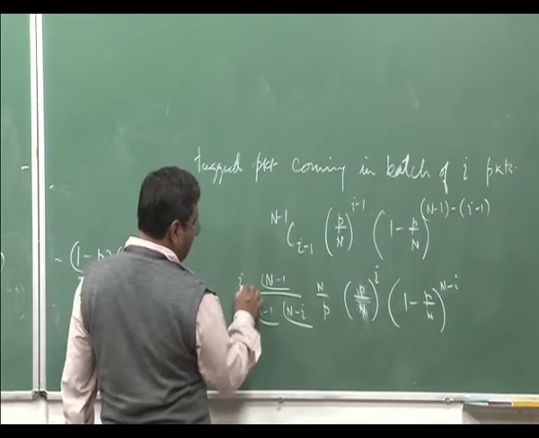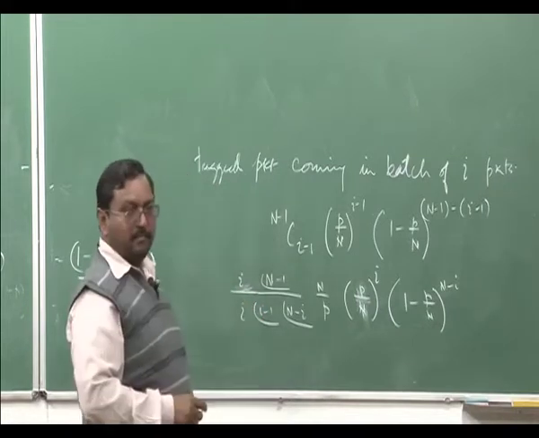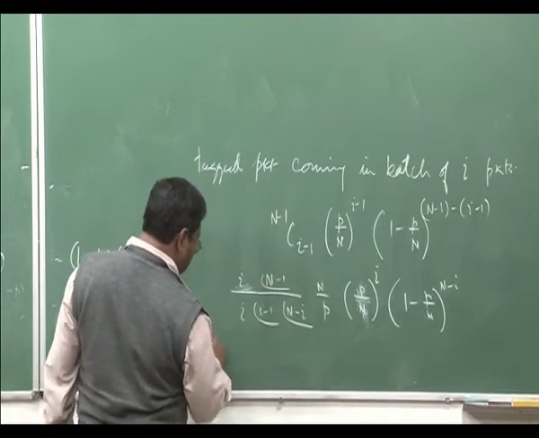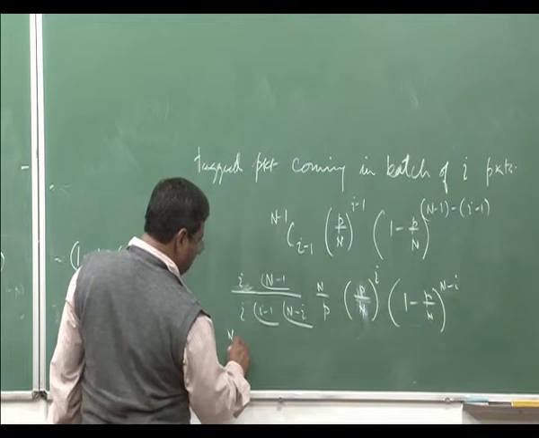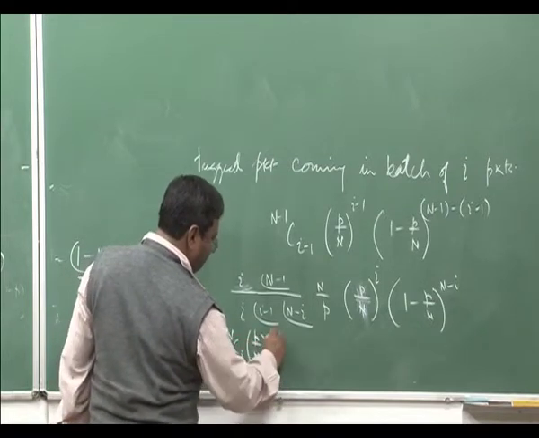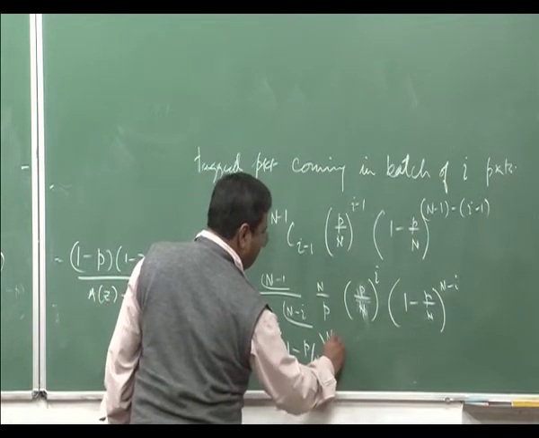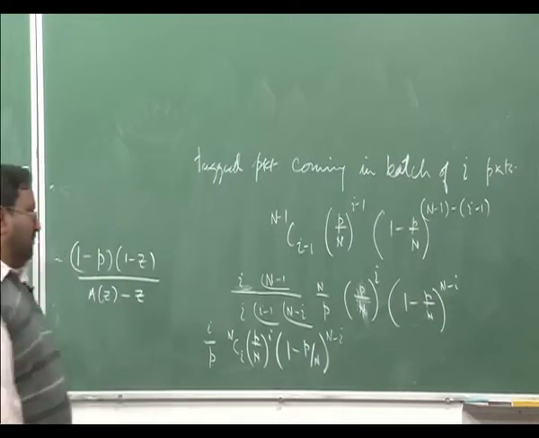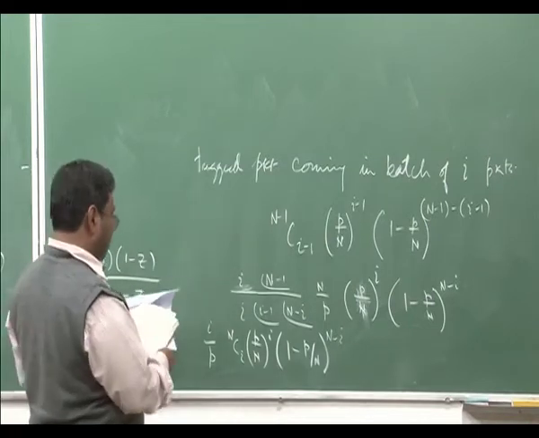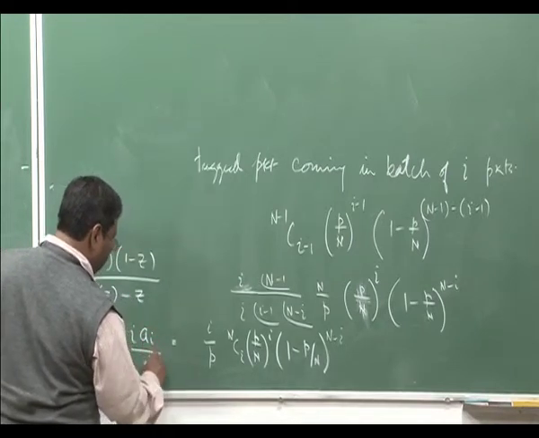I can now multiply by I and divide by I. So, I can write I divided by p, N C I, p by N to the power I, and this is nothing but I into A I by p.